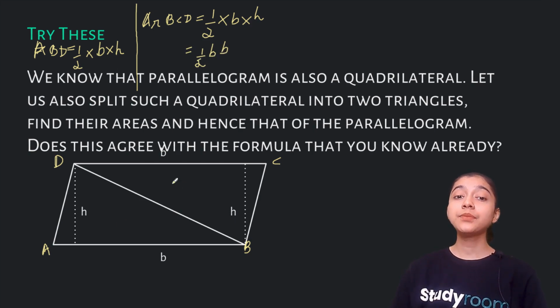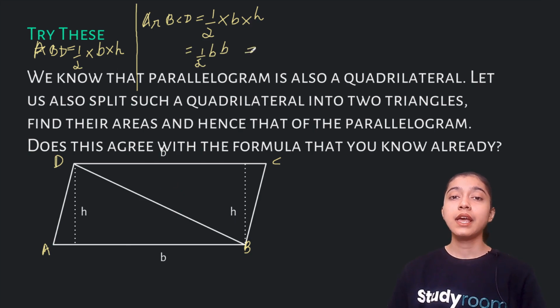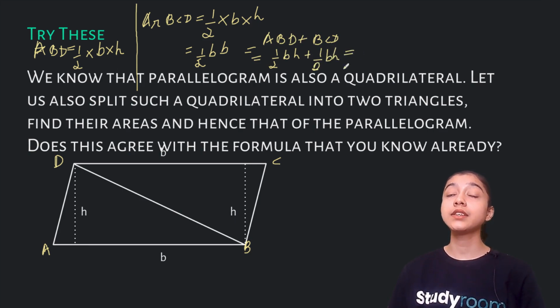Now let us sum the area of these two triangles. Adding the area of triangle ABD plus area of triangle BCD, we get half BH plus half BH. So ultimately, we get the area of the entire parallelogram, that is equal to BH.